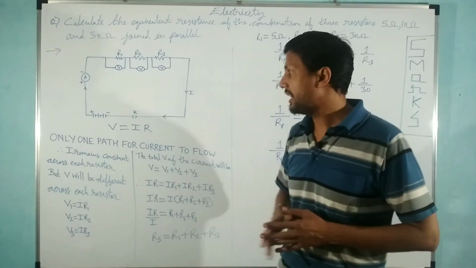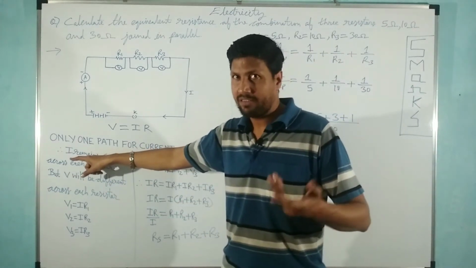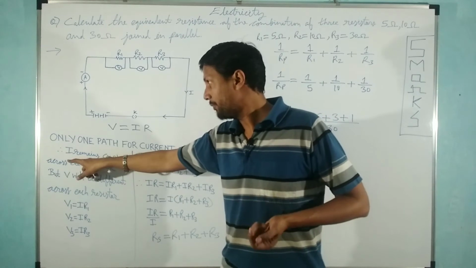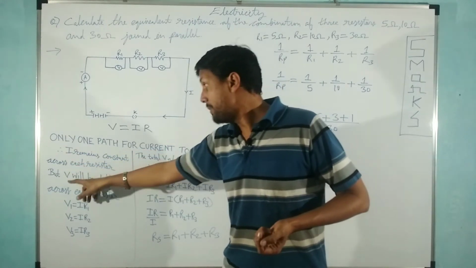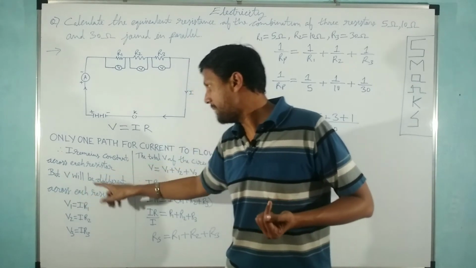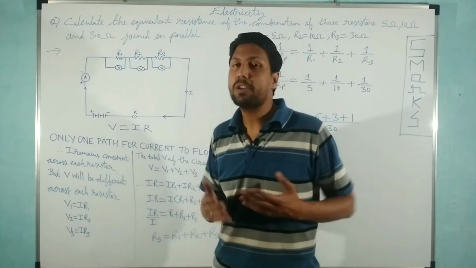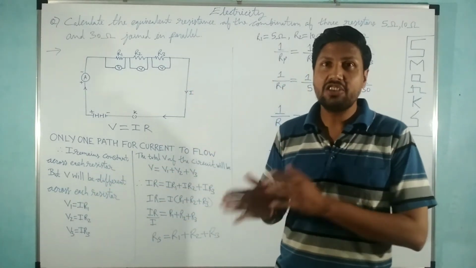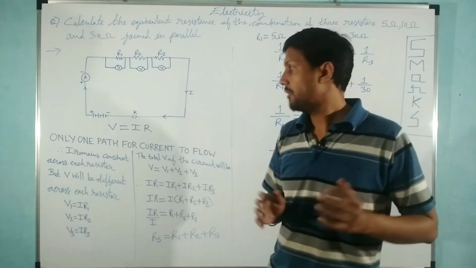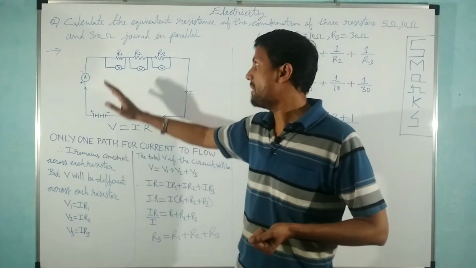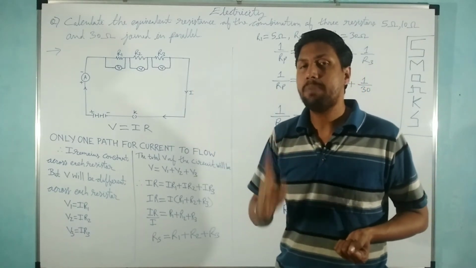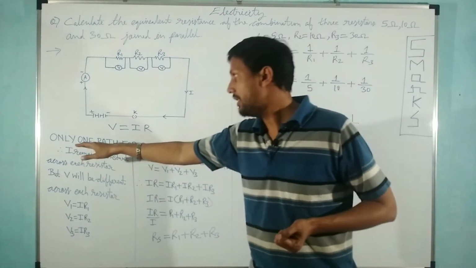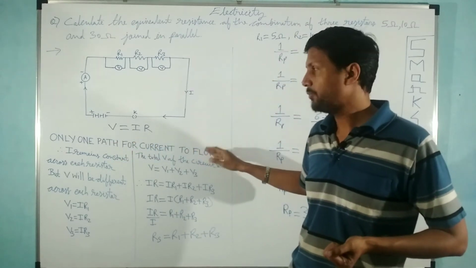Whatever I said just now is what's written here. You can see I remains constant across each resistor, but V will be different across each resistor, that is, the pressure difference across each resistor will be different. Whereas I, that is current, will remain constant across each resistor because current has only one path to flow. This is the main part. That's why I've written that in caps.